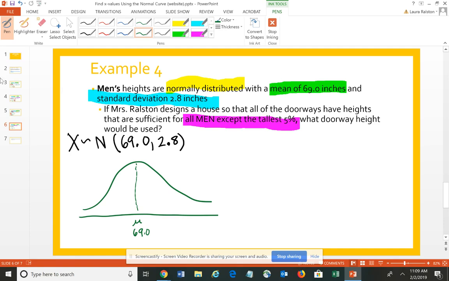In terms of the curve, we work from short to tall, and I want to exclude the tallest 5%. So tallest is going to be up here at the top, and we're going to exclude 5%.